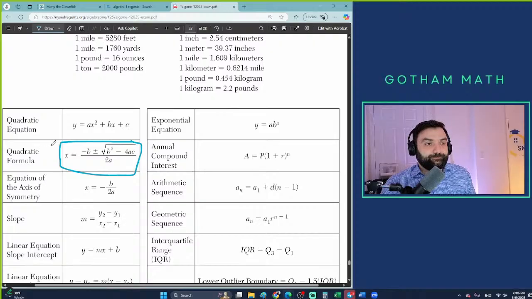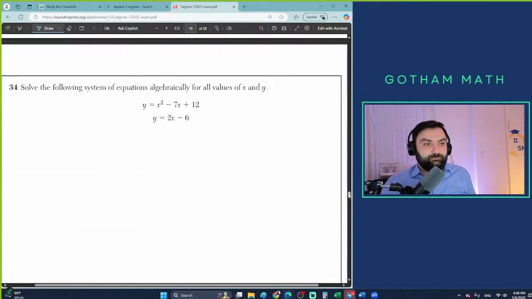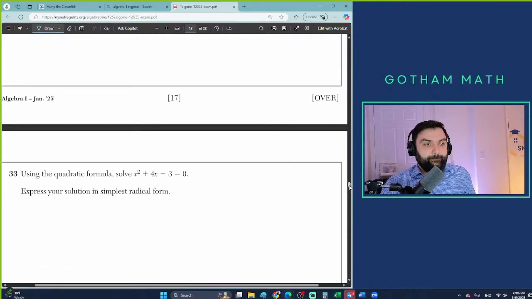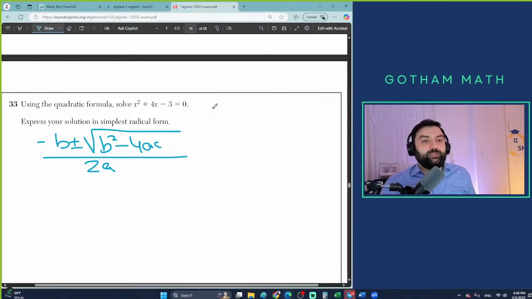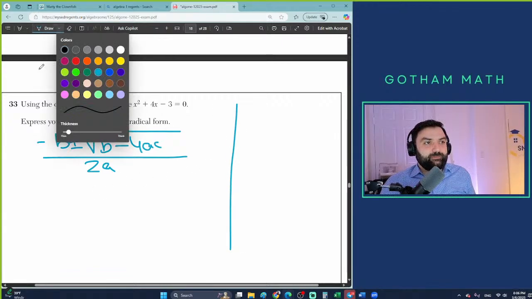Now, copy it down into your question, which is negative b plus minus square root of b squared minus 4ac over 2a.